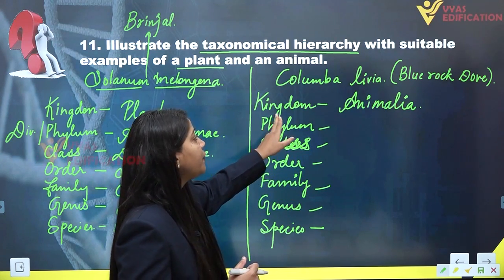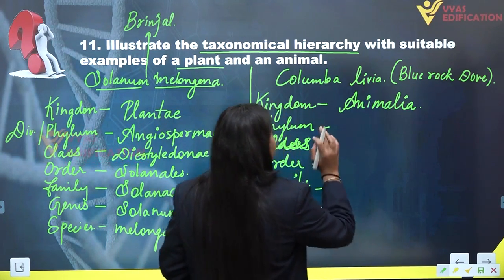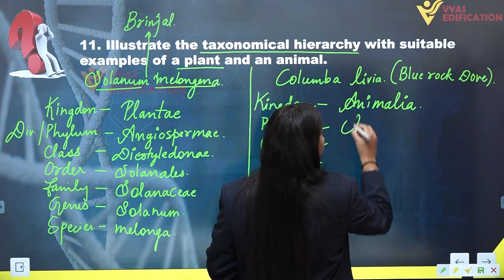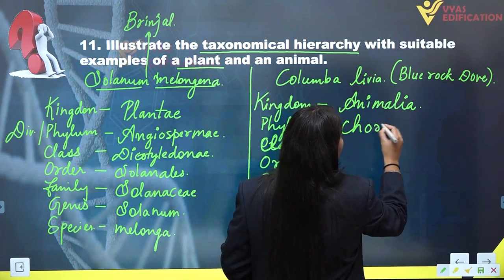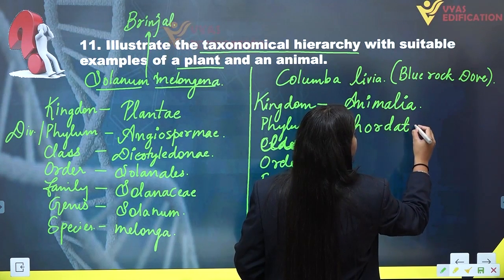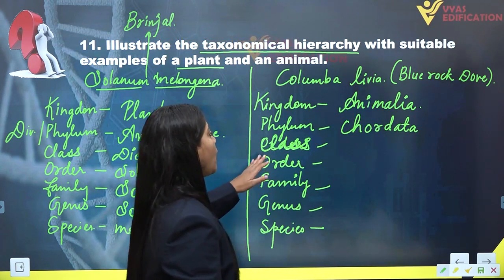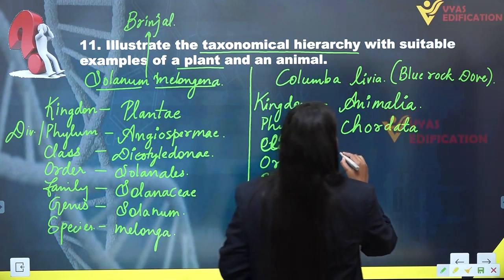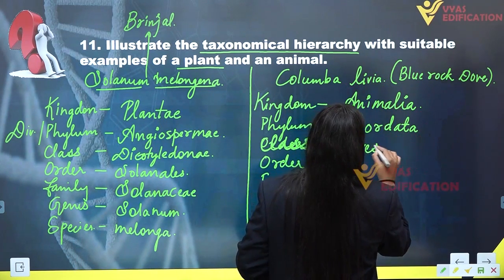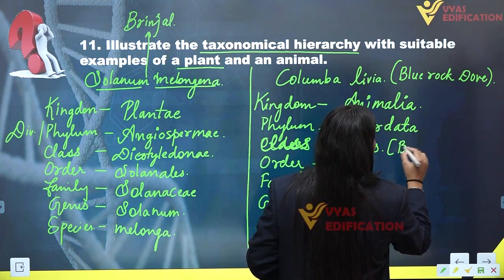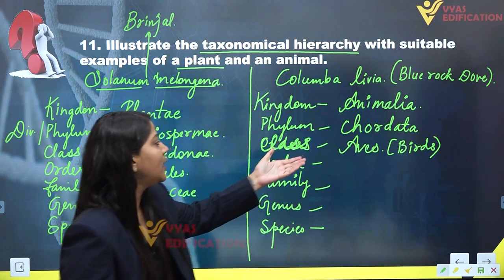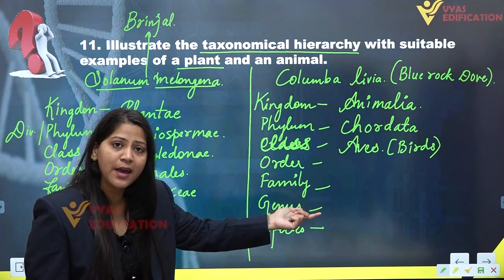The phylum of this particular organism would be Chordata. If we talk about the class of Columba livia, it would be Aves, as it is a bird. Thus we include Columba livia in the class Aves.